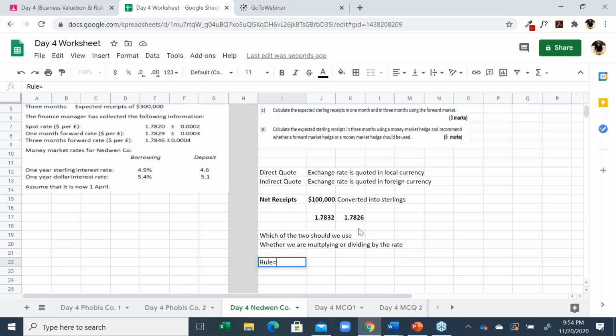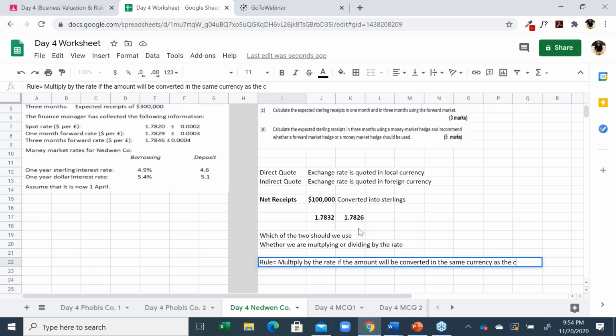Now the rule will be: multiply by the rate if the amount will be converted into the same currency as the currency in which the rate is quoted.